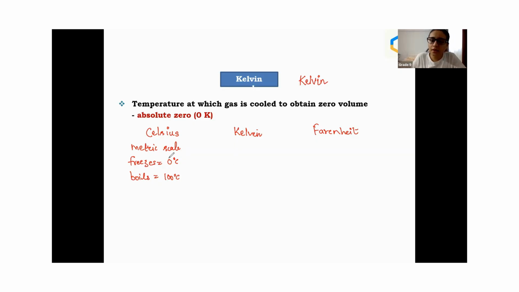So this is a metric scale, everyone. Celsius is a metric scale. Now Kelvin, come to the Kelvin column and then write it.